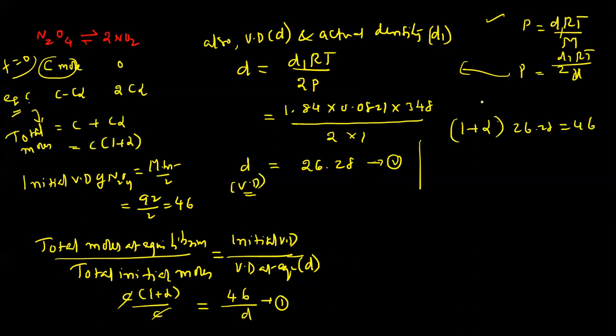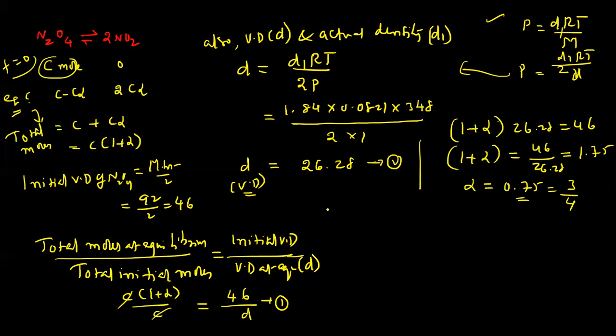From this you can find the alpha value, because 1 plus alpha will be equal to 46 by 26.28, which is 1.75. So alpha is nothing but 0.75, which we can also consider as 3 by 4.